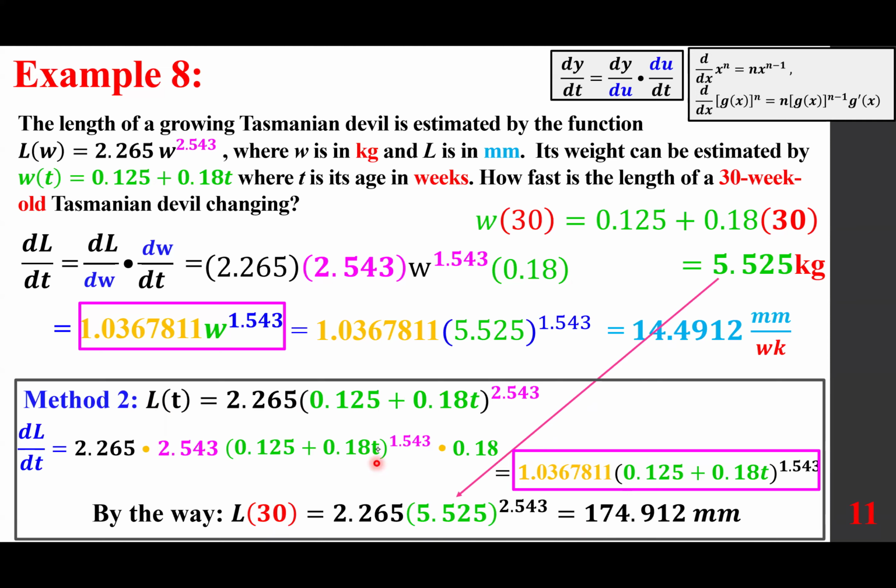The way you do that, you can see the formula here, W, replace it with 5.525, or this one, replace the T in this one with 30, it gives you the length. So there are two ways to calculate them now that we have the composite function. Either way is fine.